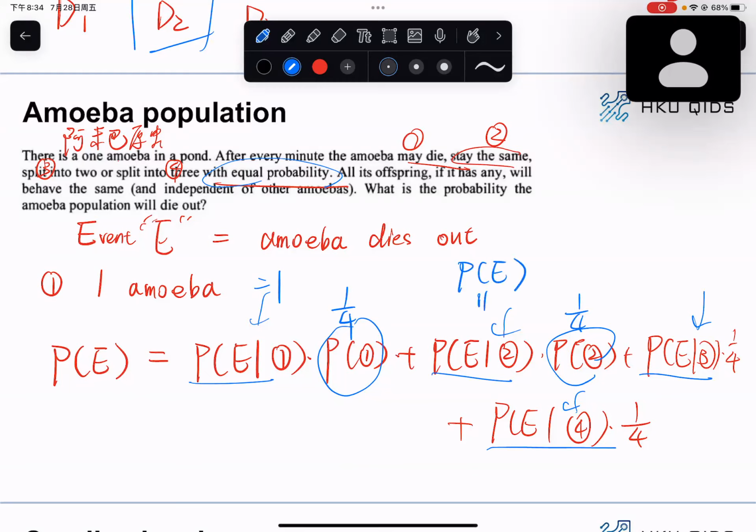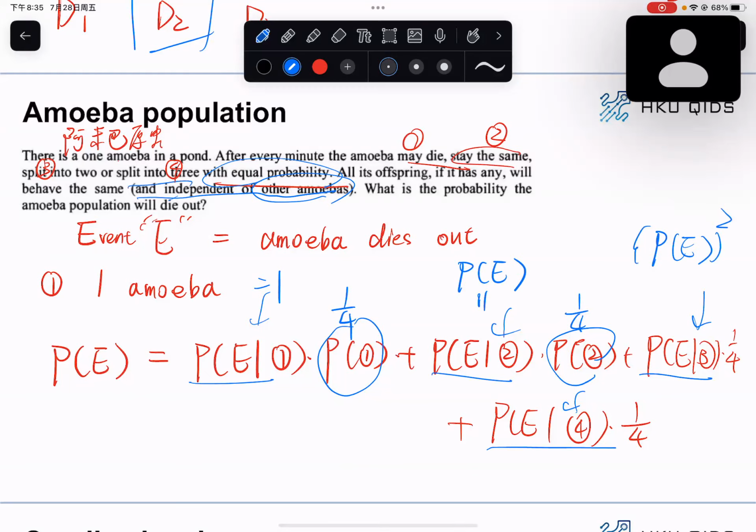We can replace it. And if it splits into 2, which means there are 2 amoebas, each of them will behave independently of the other amoebas. So we need each of them to die out, and there are 2, so we just need to take the square.